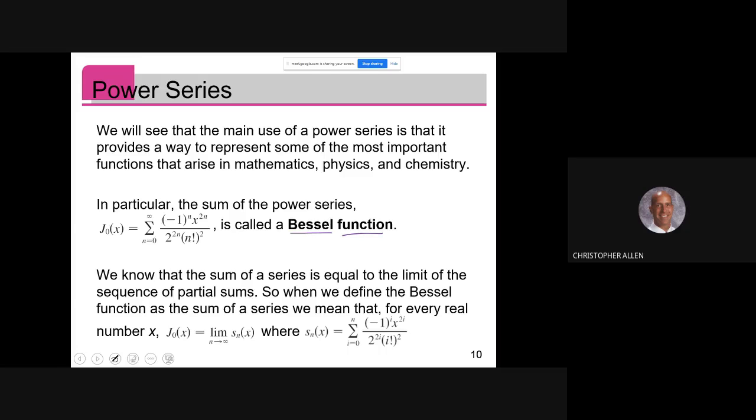In particular, the sum of the power series, and this is J naught of x, is equal to the sum from n equals 0 to infinity. We can see that it's alternating here. It's (-1)^n x^(2n), so that means even powers of x, over 2^(2n), even powers of 2, over (n factorial) squared. This is called the Bessel function. It's a very famous function.